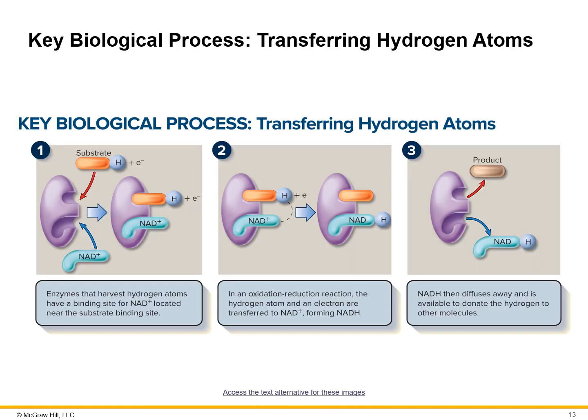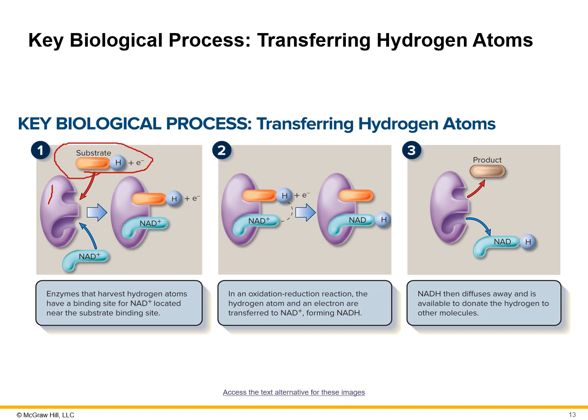All right, so this is just kind of looking a little closer at NAD. So this transferring of electrons, this oxidation reduction. So again, here we have an enzyme in purple because this is all enzyme mediated. So a substrate, the starting material, comes in. It has some hydrogens and electrons.